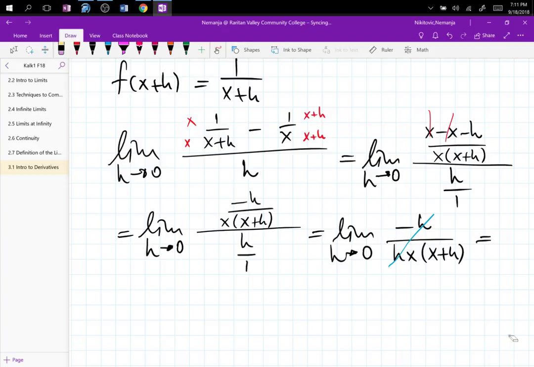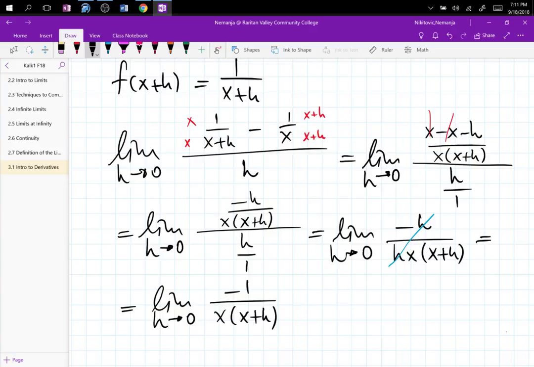Now, I have limit h goes to 0 of -1 divided by x times x plus h. Well, we know that h goes to 0, so what's left? Exactly.